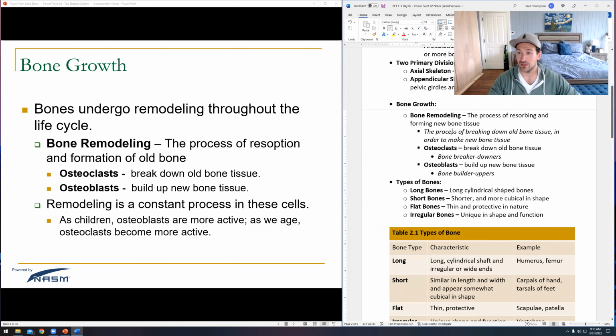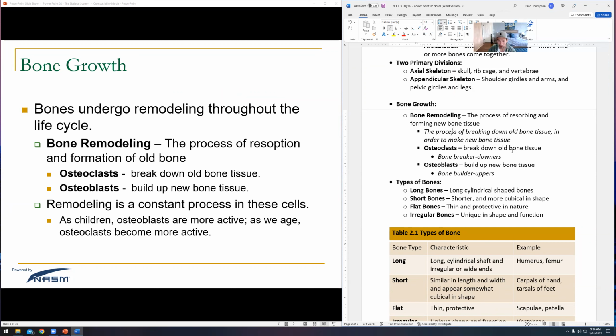Now, we talked about this in the video, and this is probably why we spend so much time looking at the biology of our skeletal system, but your bones are constantly remodeling. They're constantly going through this process where they are breaking down old bone tissue in order to build up new bone tissue, right? So again, as a reminder, your bones are alive, right?